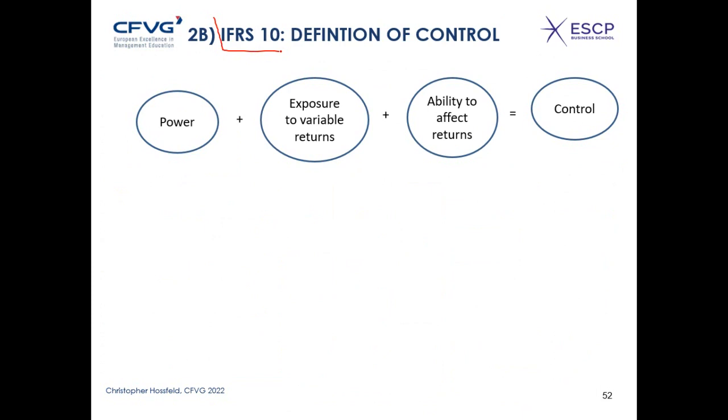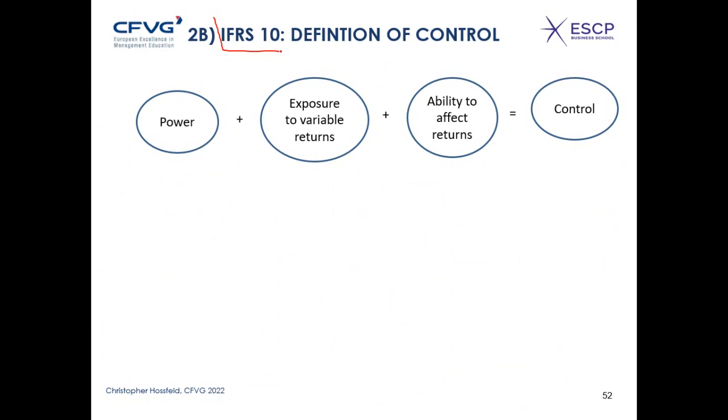First one is the parent company needs to have power over the subsidiary. Second element is the parent company needs to be exposed to variable returns. That means what happens in the subsidiary, good or bad, has an impact, good or bad, on the parent company.